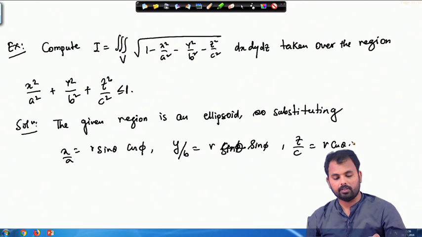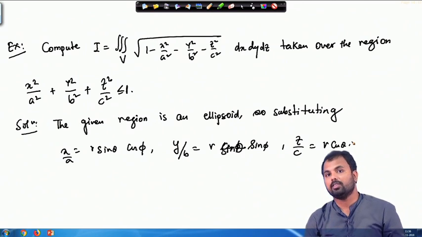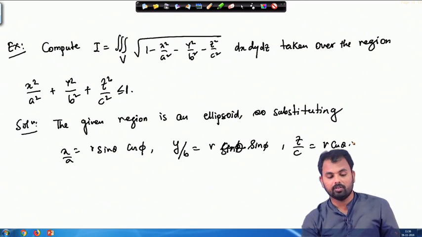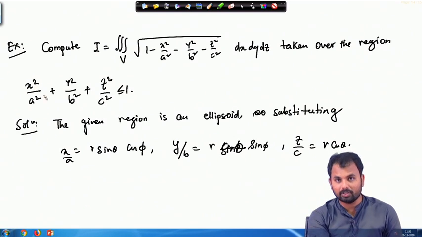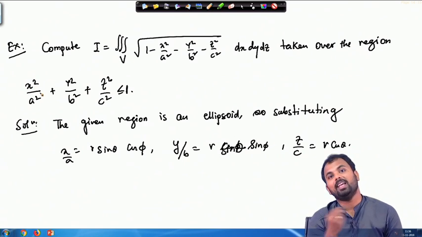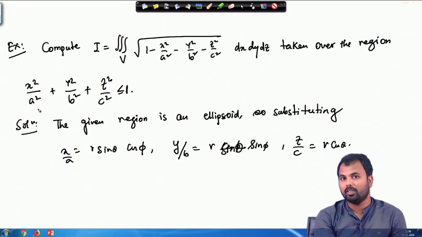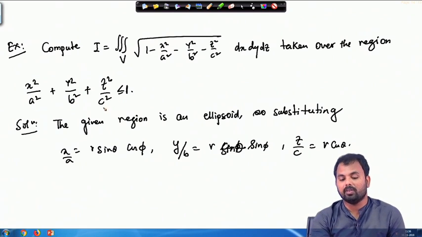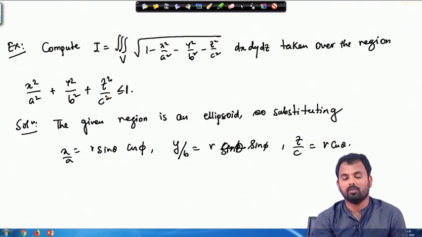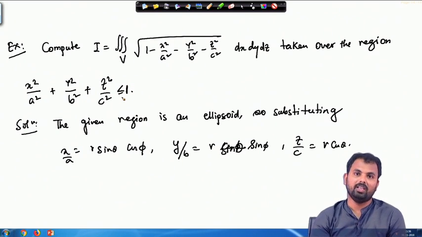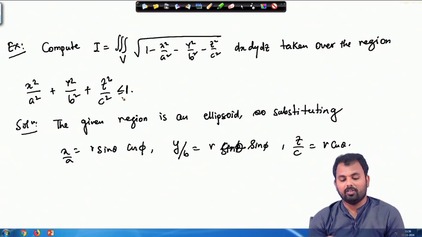So, basically if I substitute, we can see it as a sphere as well. Instead of considering x square by a square, if I consider x by a as a variable, let us say u, y by b as a variable v, and z by c as a variable w, then it is basically u square plus v square plus w square less than or equal to 1. So, then again it is a sphere. That is what we are doing.